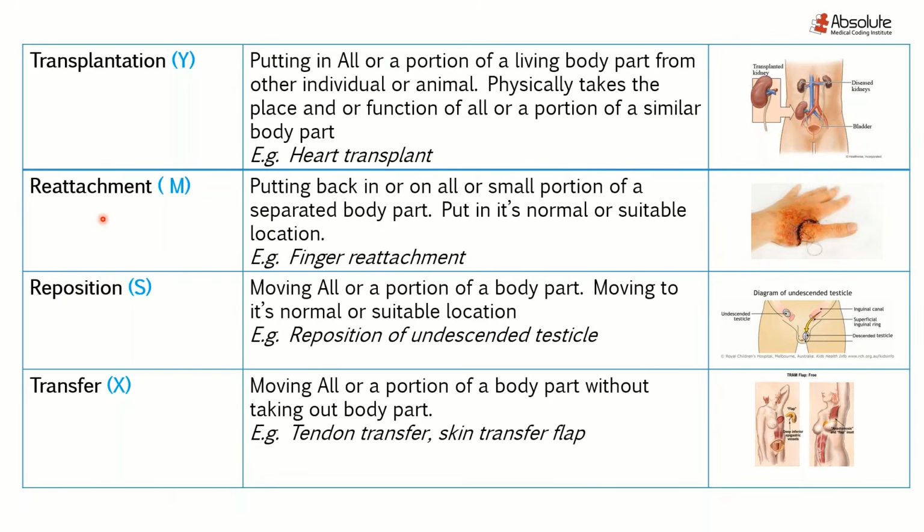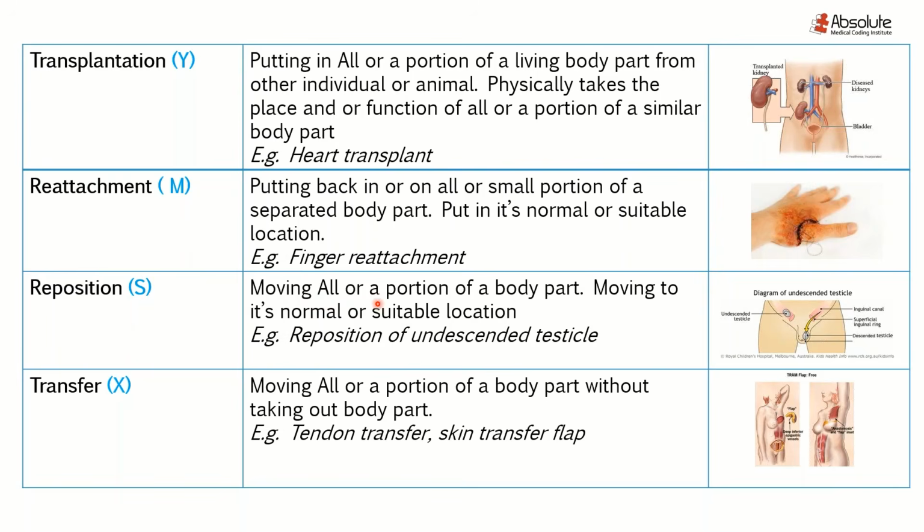Next, reattachment. This is putting back all or a small portion of a separated body part in its normal or suitable location. Example is finger reattachment, as you see in this picture. And that is value M. Next value, S, reposition.